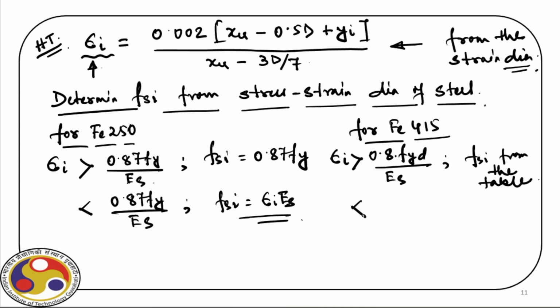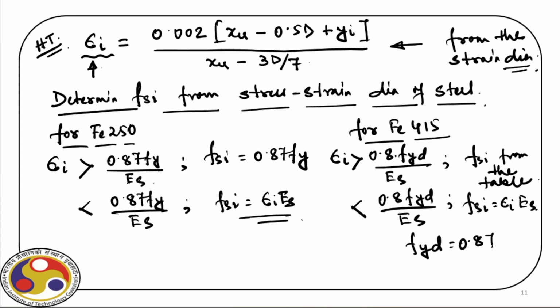And if it is less than this value divided by Es, then fsi is equal to epsilon i times Es. Fyd is equal to 0.87 fy.